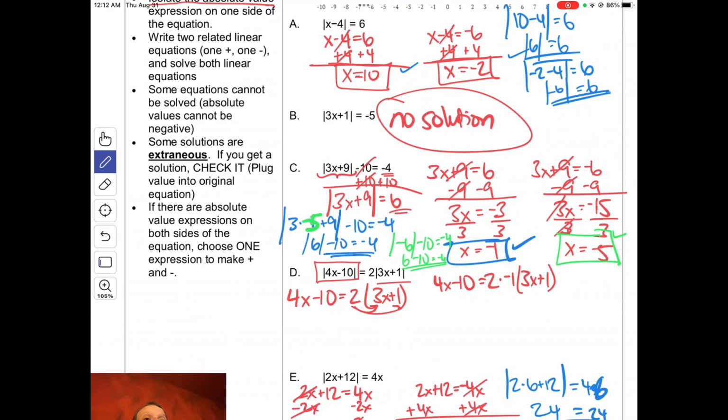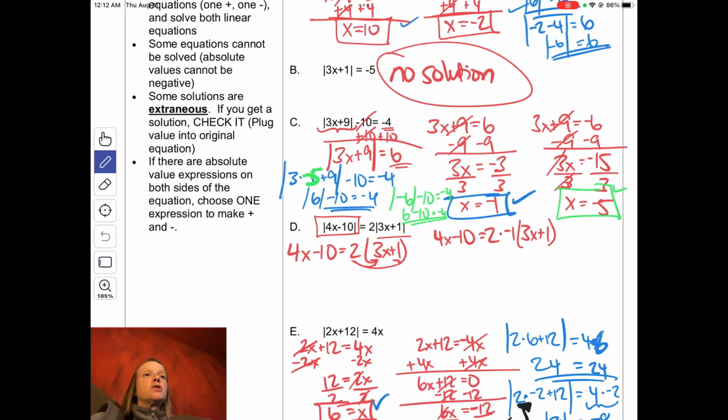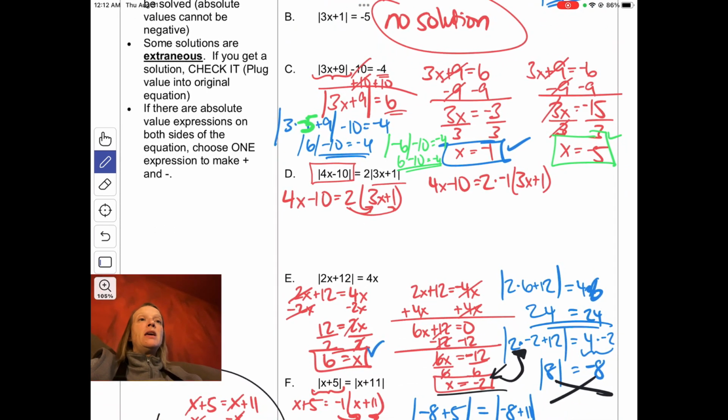So in question A, x only appeared once and both of our solutions were valid. Question B, an absolute value being equal to a negative number is just not possible. And so that is one situation where you would find no solution. But question C only had x appear one time and both of our solutions were valid.